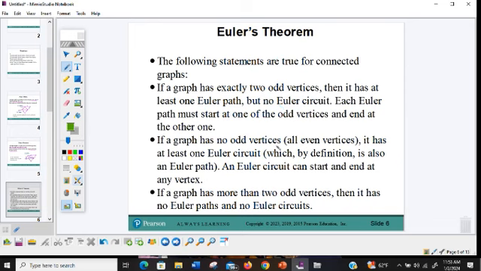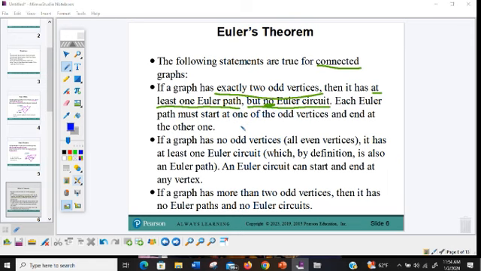Now, this is Euler's theorem. And Euler's theorem explains when you'll have a path or a circuit. Okay? So these following statements are true for connected graphs. Remember, they have to be connected, okay? If a graph has exactly 2 odd vertices, then it has at least one Euler path, at least one, but no Euler circuit, okay?